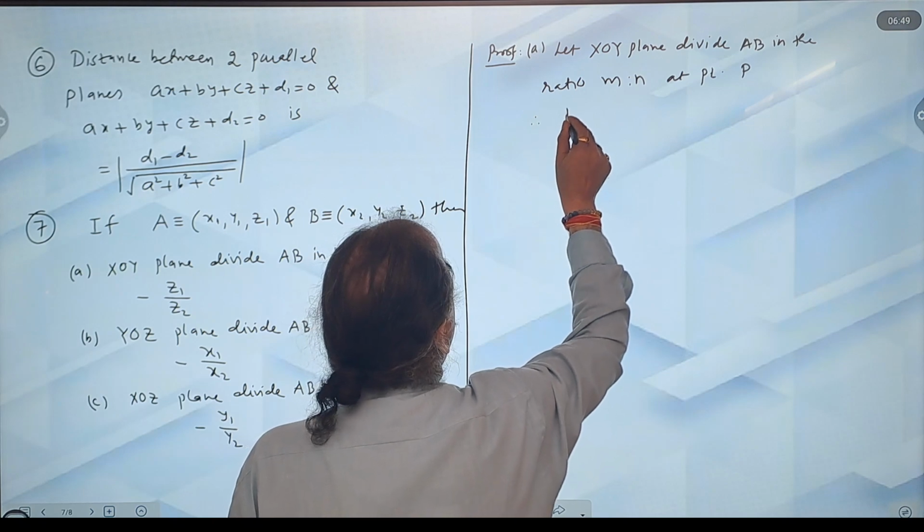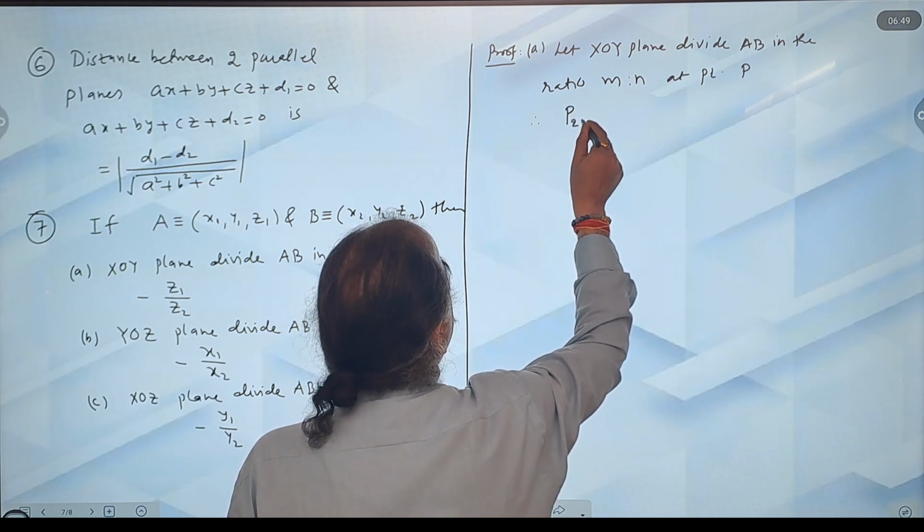Therefore, z coordinate of P will be what?